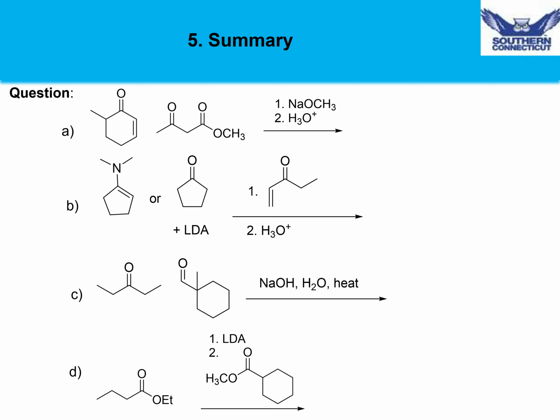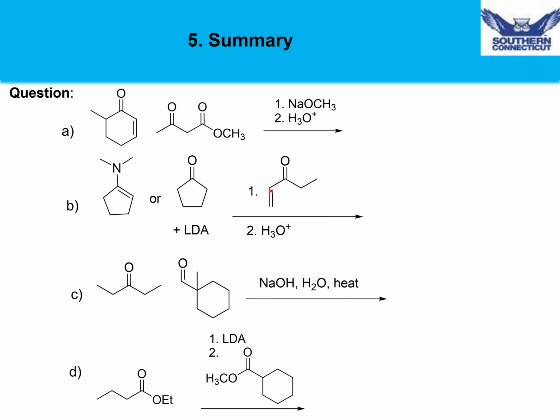Let's now review some of the reactions we covered in this chapter. In the first reaction, we're using a 1,3-dicarbonyl. We're adding base to it and then mixing it with an alpha beta unsaturated ketone. In the next example, we're going to use an enamine, or we could use a ketone plus LDA, which is a base.